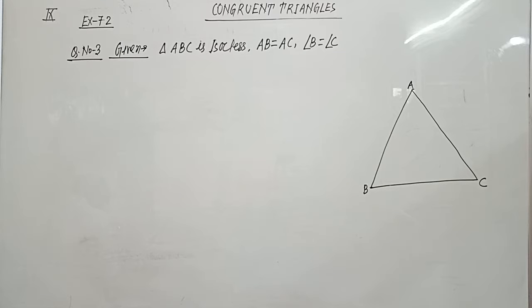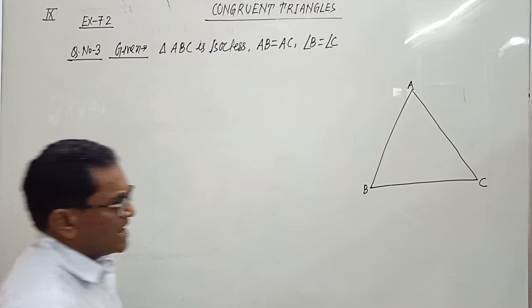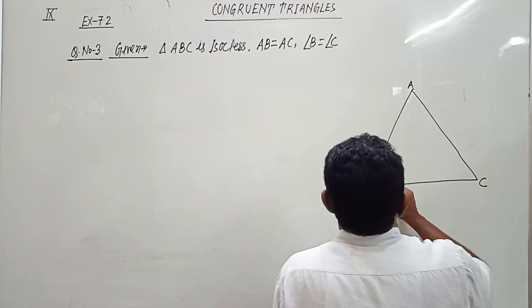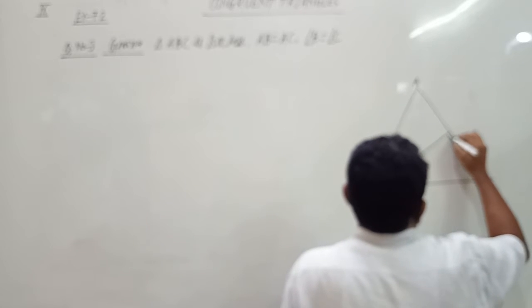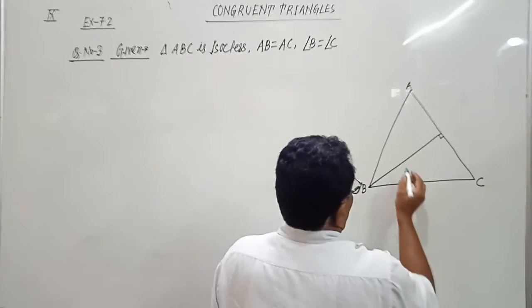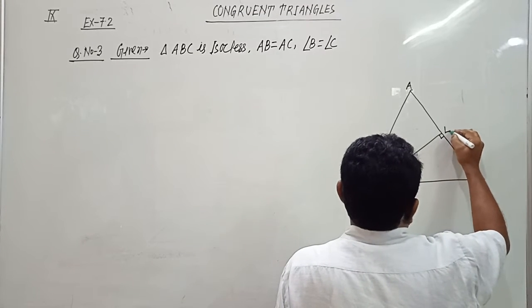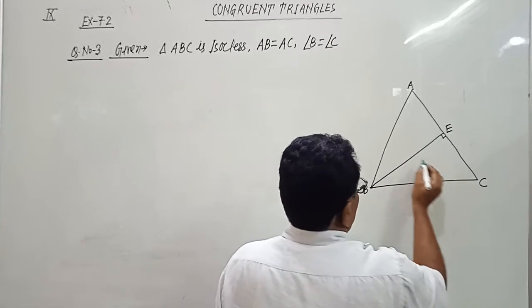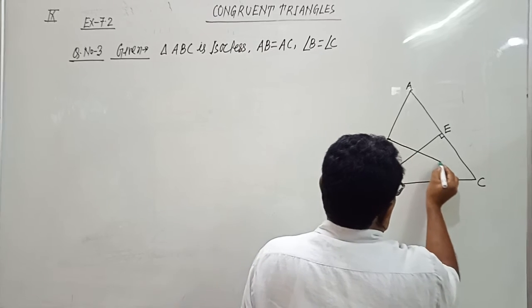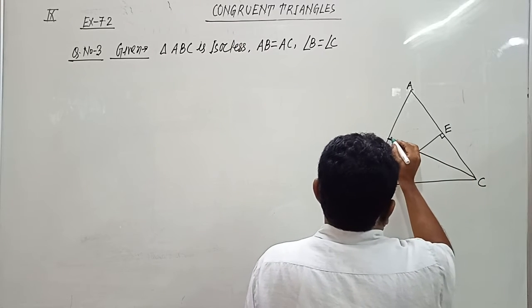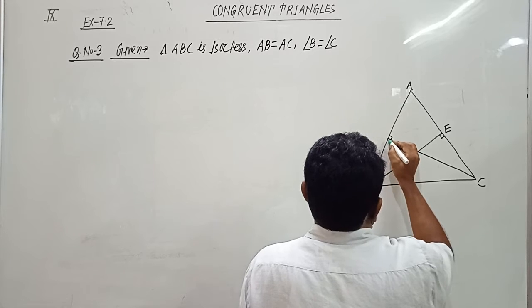BE and CF are altitudes drawn to the equal sides. BE is the altitude drawn on side AC. Altitude means perpendicular. BE is the altitude drawn on side AC and CF is the altitude drawn on side AB.